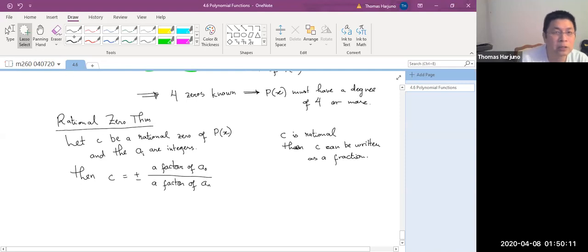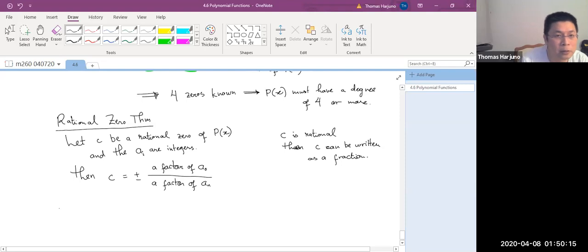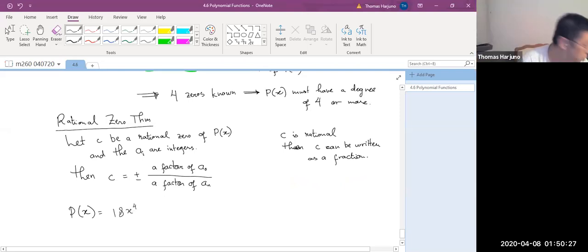Let's say, for example, I have P(x) equals 18x to the 4th minus 10x squared, x cubed plus x squared minus 4.